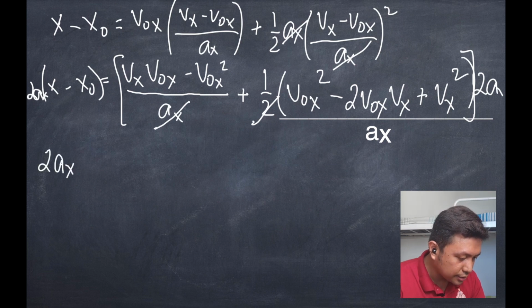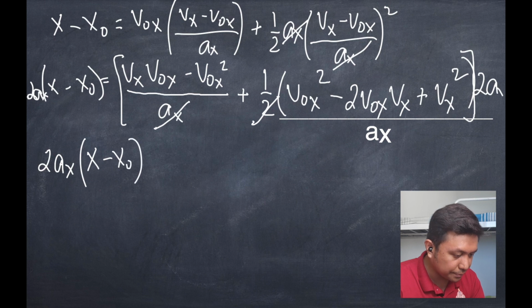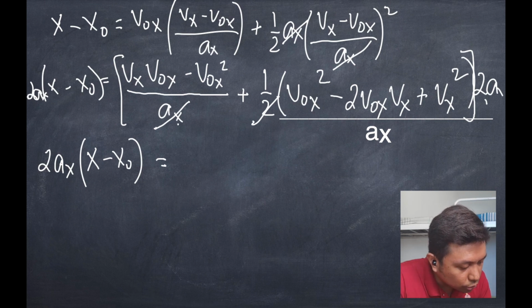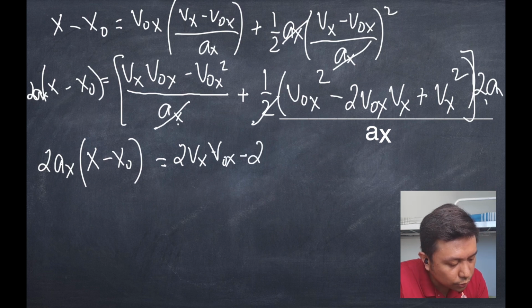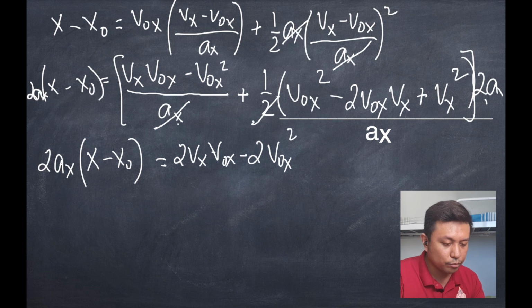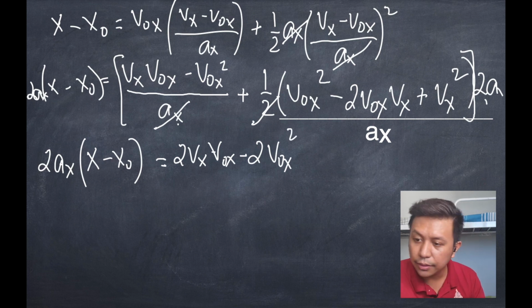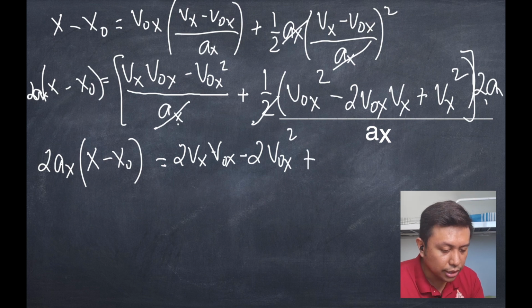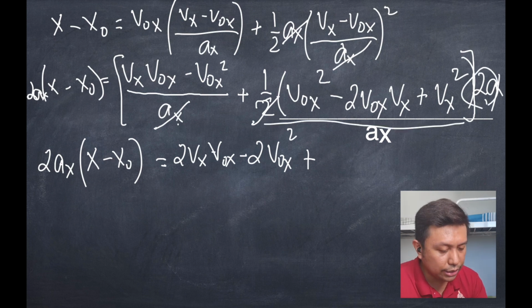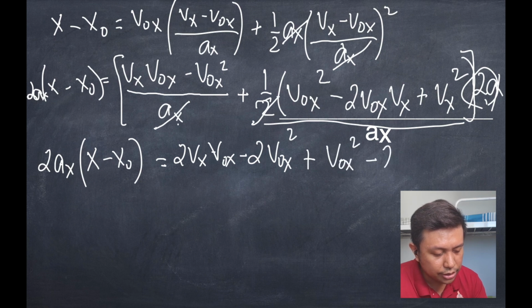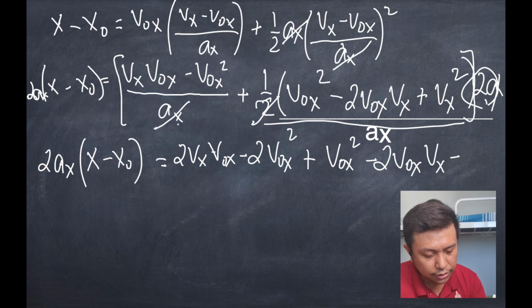So 2a sub x times x minus x naught is equal to 2 vx v naught of x minus 2 v naught of x squared, plus, the 2 and the a cancel, so it will become v naught of x squared minus 2 v naught of x vx plus vx squared.